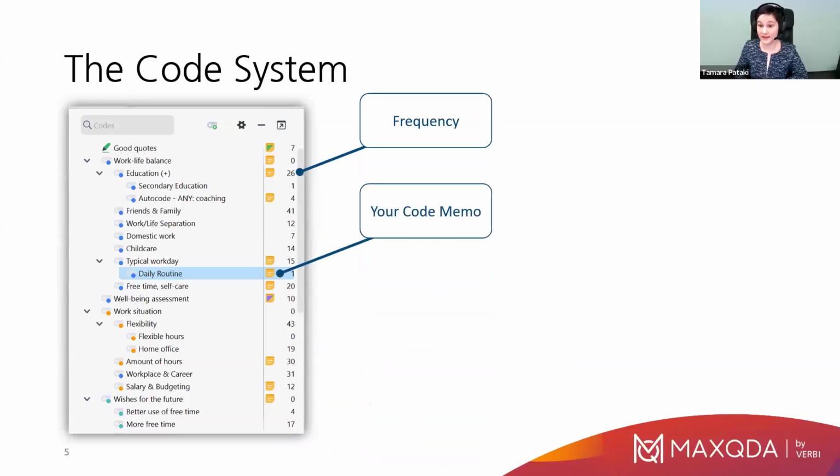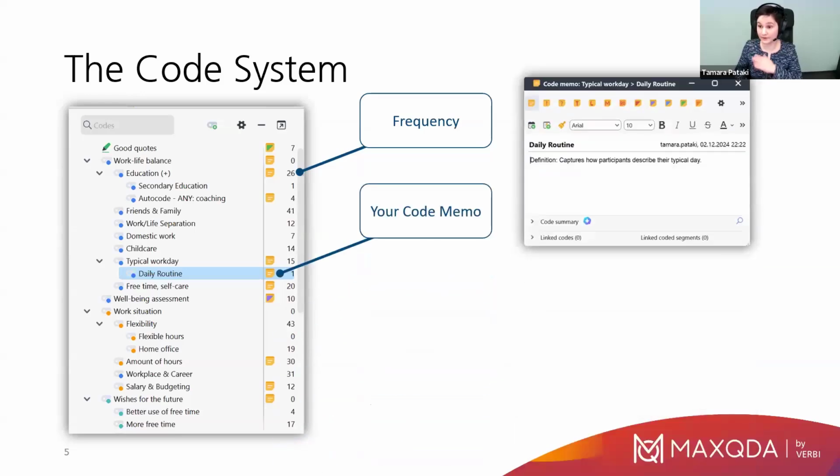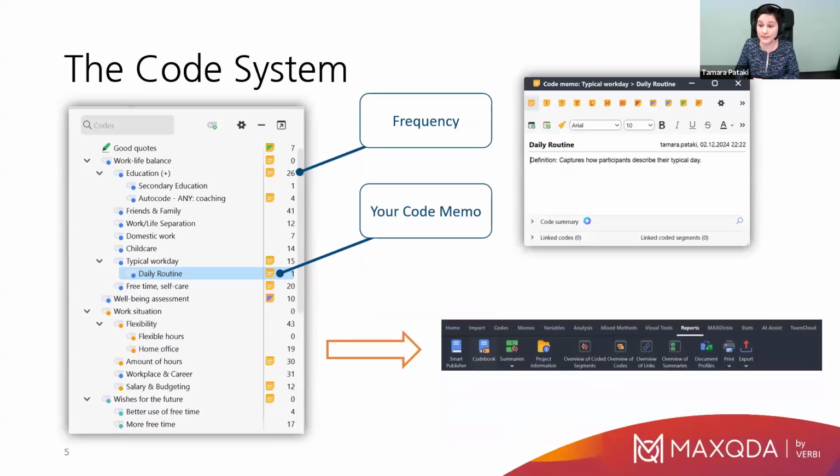You would also be able to see your code memo that, for example, contains your code definition, but also your reflections or your notes as well. And of course, everything you do in Maxqda is editable, so you could also export it with the help of the reporting tools right in the software.